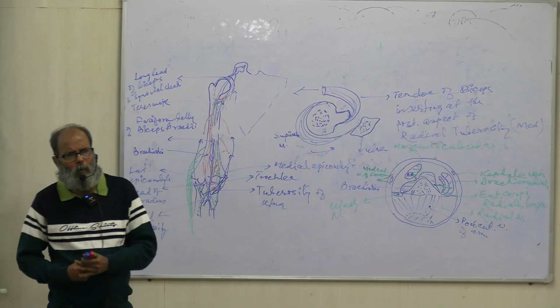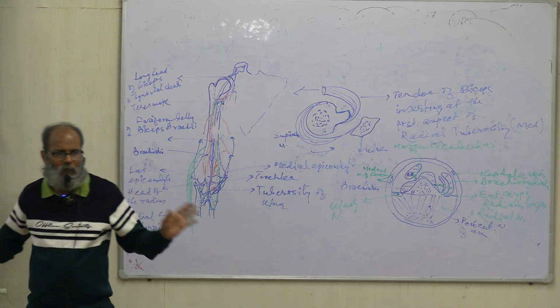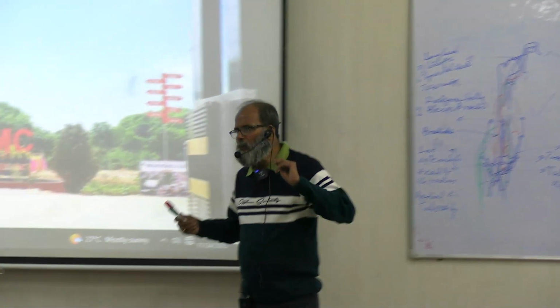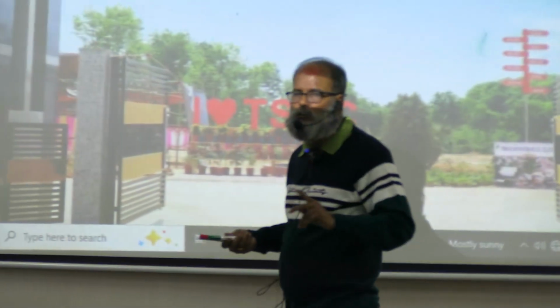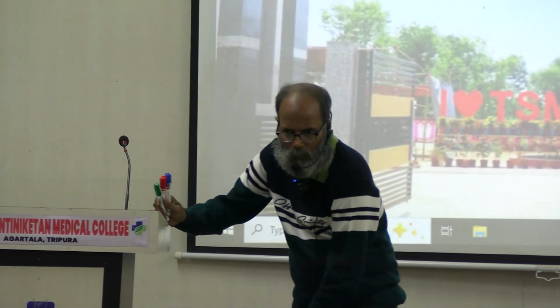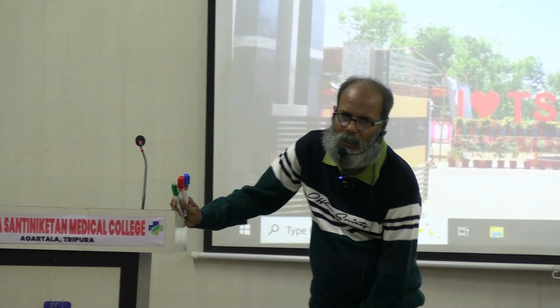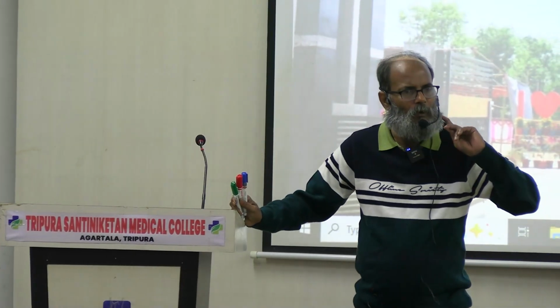Now a little about the actions of the muscles that I have described. Remember, coracobrachialis is analogous to an adductor muscle as in the limb. We have extensor compartment, flexor compartment, and medially there is the adductor compartment in the limb. Right?